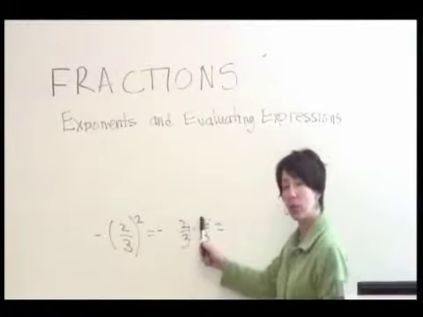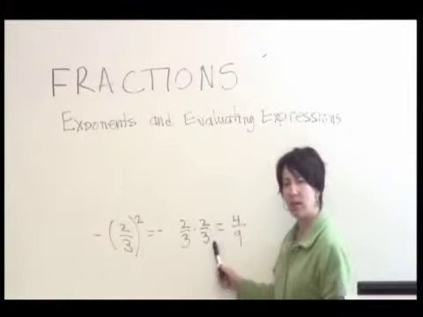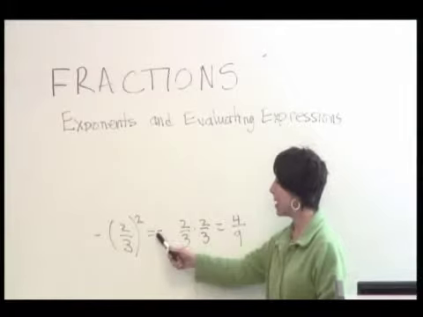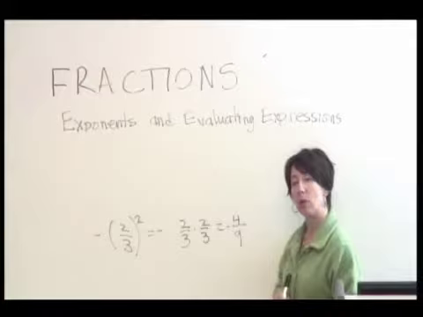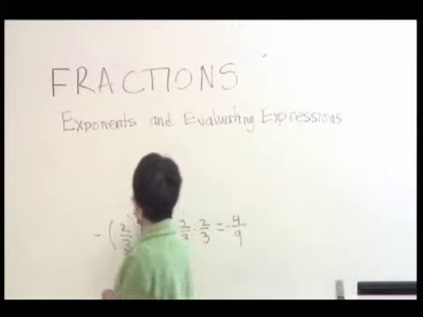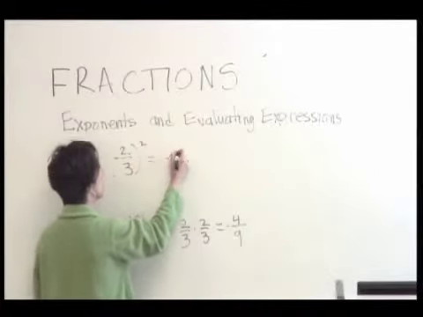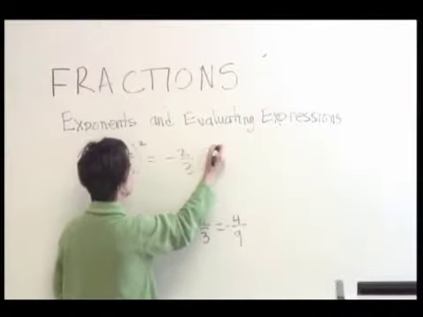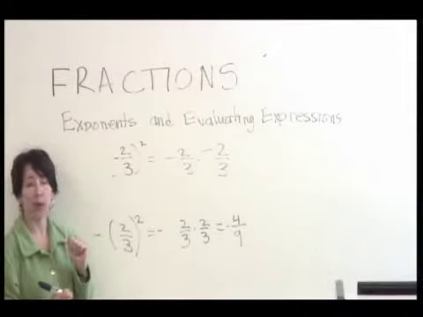When I multiply 2 by 2, I get 4. 2 by 3, I get 9. And I can't use the cancel law here. And then I have one negative symbol. So my final answer is going to be negative. Now this is as opposed to having a base that's a negative value.